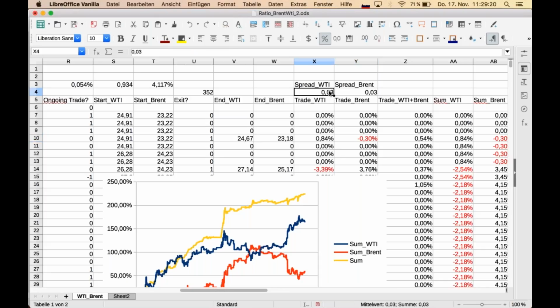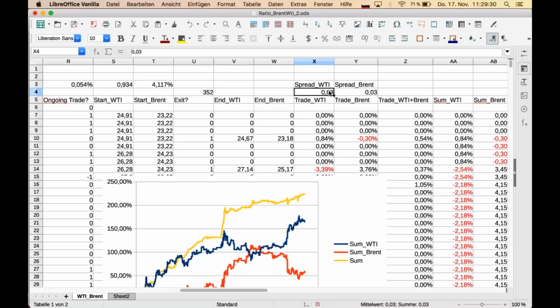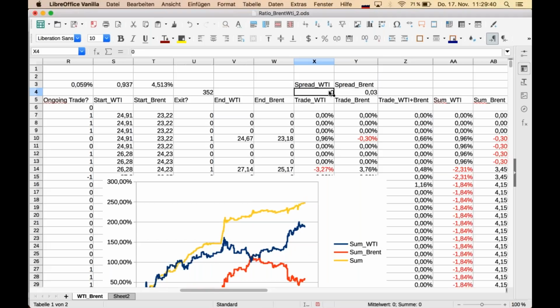And let's go back here with 0 spread. Then you see, I go back, then it's easier. So we are at a level of 225% total gain, total win, and without a spread, we are already at 250.